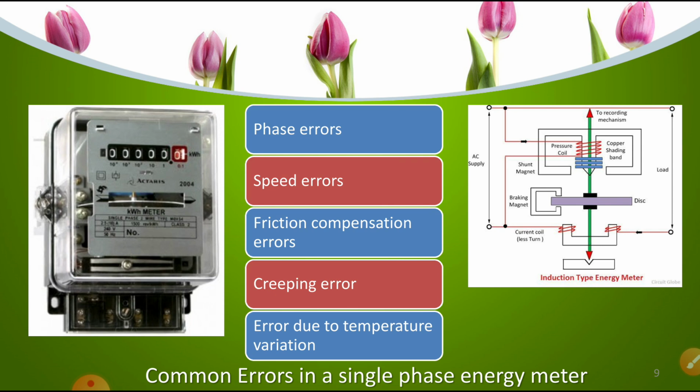And what is the creeping error? What is the reason for creeping? And how are we going to compensate this creeping error? And lastly, we have seen the error due to the temperature variation and how this temperature affects the flux produced in the aluminum disc and the flux produced in the CC coil and PC coil of the energy meter, and how they neutralize each other.